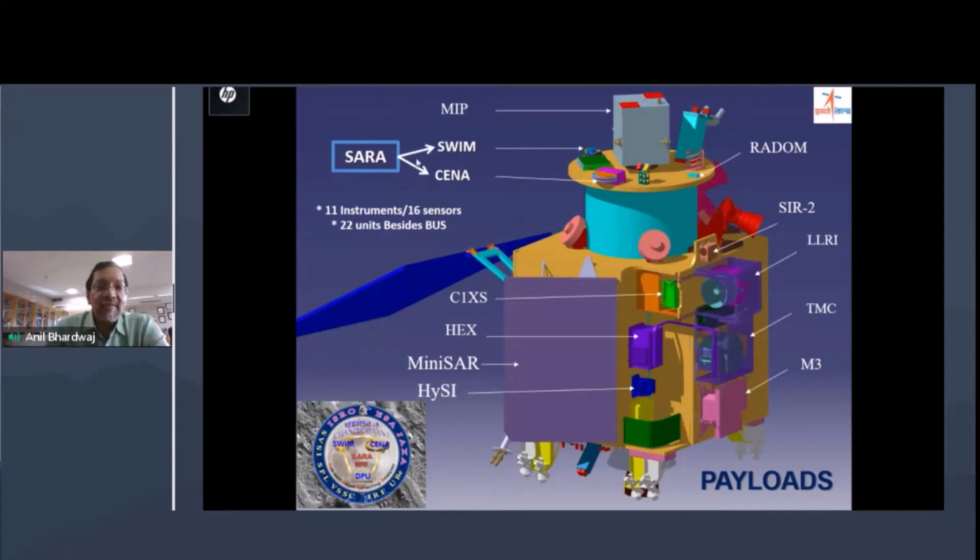And the SARA experiment is the one where I was directly involved as the principal investigator, which has 2 sensors, CENA and SWIM. CENA stands for Chandrayaan Energetic Neutral Atom Analyzer, and SWIM stands for solar wind monitor. They were looking at a new phenomenon happening on the surface of the moon, due to solar wind coming from the sun and impacting, called the energetic neutral atom process.